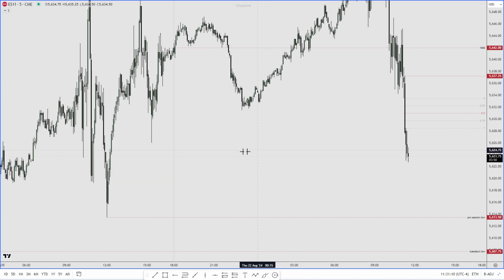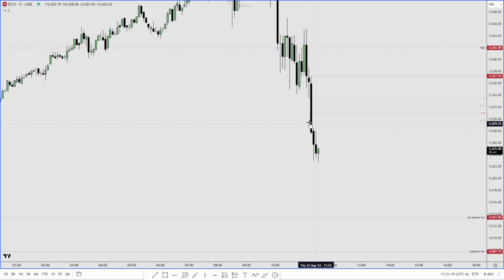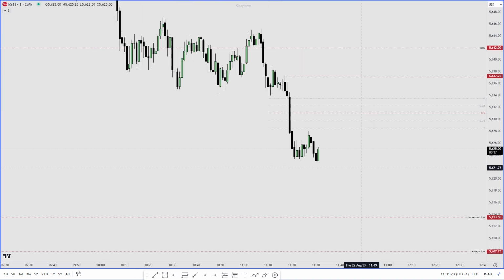So we have closed below this fair value gap right here, so maybe this would be left open. I'm not too sure, man. I'm just gonna wait. As frustrating as it can be, I need to wait.